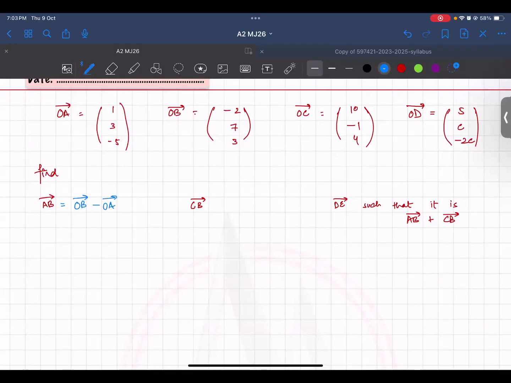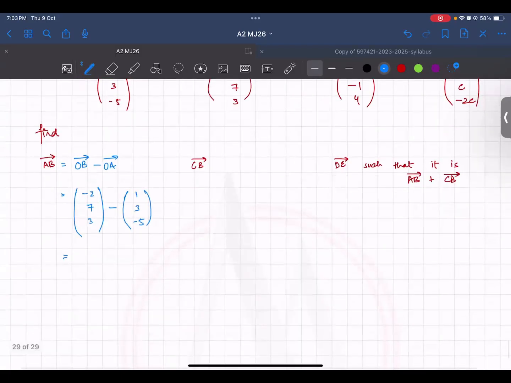So OB minus OA. Now you have OB, you have OA. So OB is -2, 7, 3, minus OA is 1, 3, -5. So you will subtract them just like the usual way. -2 minus 1 is -3, 7 minus 3 is 4, 3 minus -5 is 8. This is your AB vector.